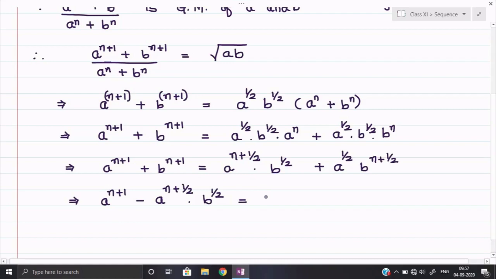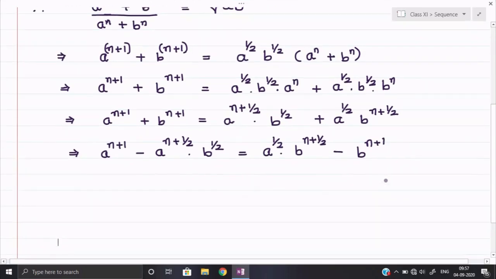Similarly, the right hand side term remaining is a to the power 1/2 into b to the power (n+1)/2, minus we can send b to the power n+1 onto that side. Okay, so now at least some calculations can be done between these two terms.